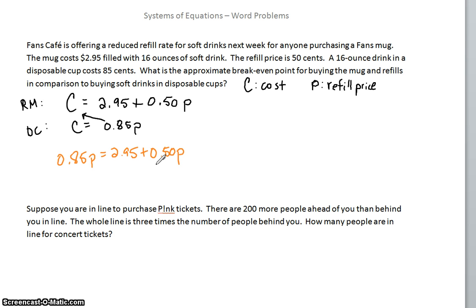I'm going to subtract the 0.50p over, and that's going to give me 0.35p equal to 2.95.